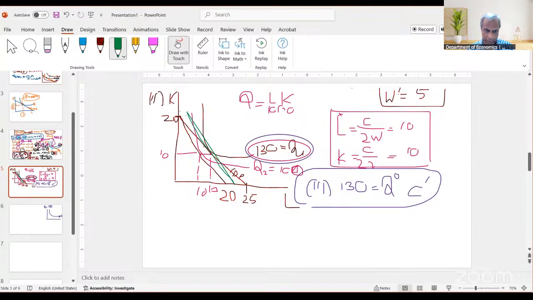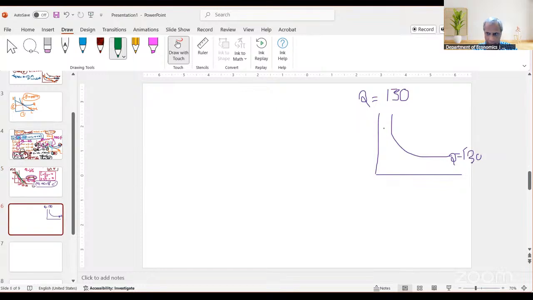It touches the original ISO quant curve at this point. Which means you have to ask to increase your budget and get a new budget. So what you really have to do is cost minimization, because we need the minimum cost to produce 130 right now.